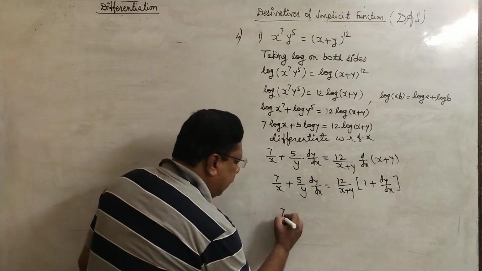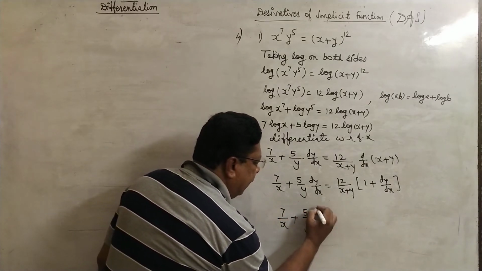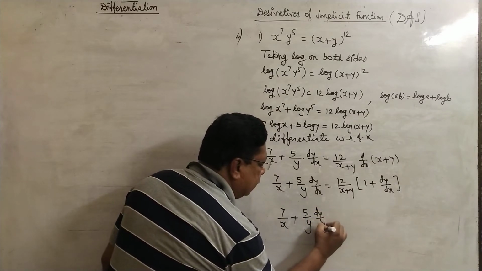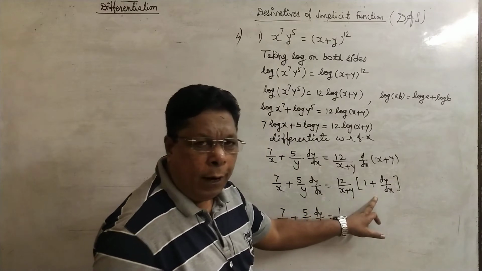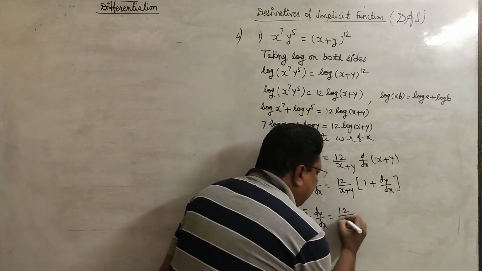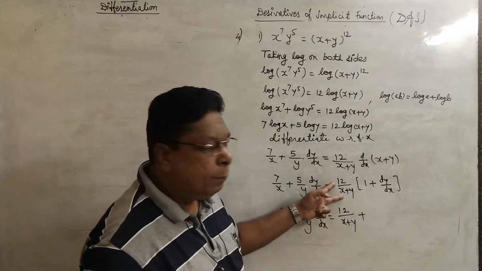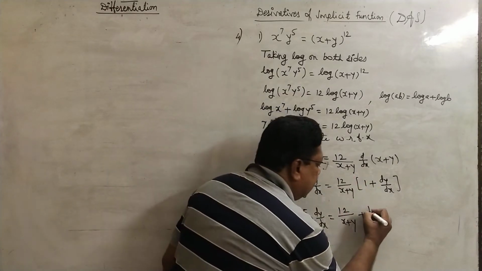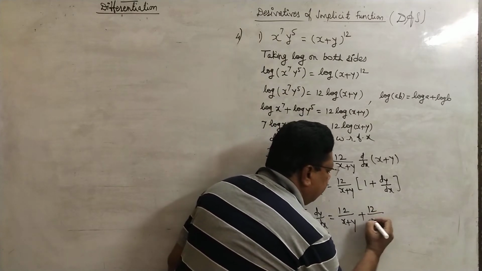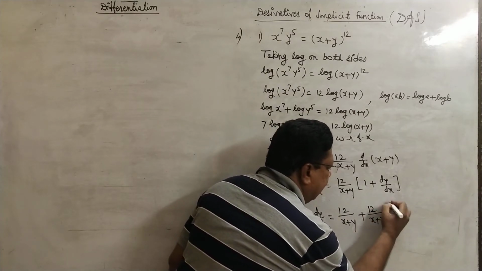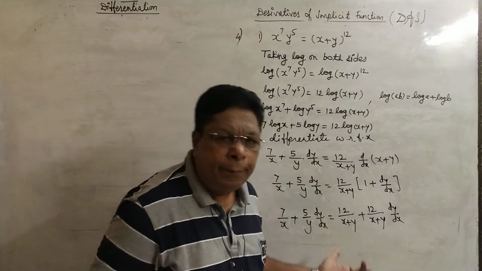So it becomes 7 upon x plus 5 upon y into dy by dx is equal to 12 upon x plus y into 1, that is 12 upon x plus y, plus 12 upon x plus y into dy by dx.